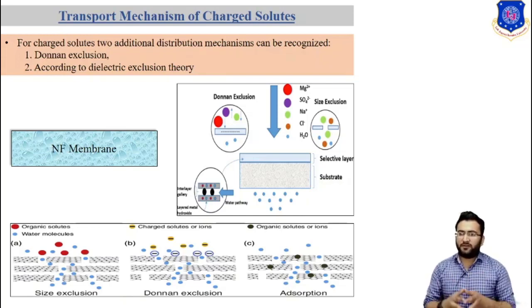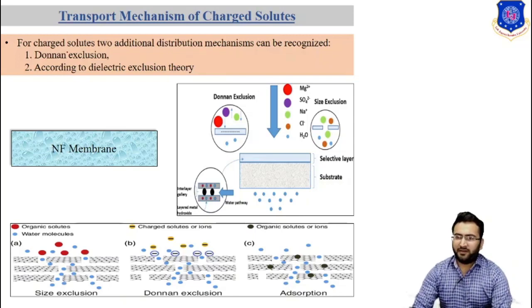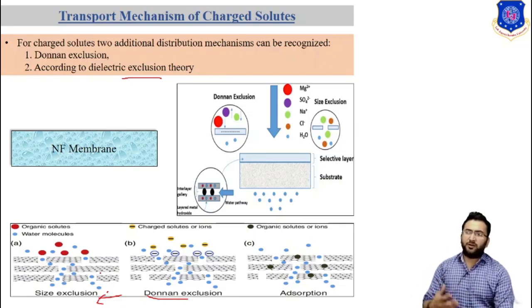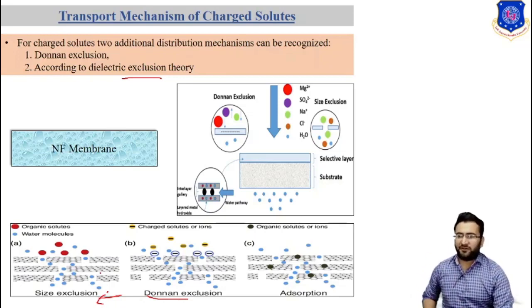Using the Donnan effect, if the surface of the nanofiltration membrane is positively charged, then it can pass negatively charged solute and reject positively charged ions. So the nanofiltration membrane works on Donnan exclusion as well as dielectric exclusion theory and size exclusion theory. Mainly Donnan exclusion theory and size exclusion theory are used for the calculation of rejection for the nanofiltration membrane.